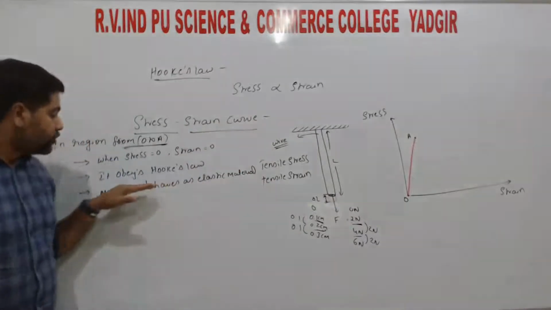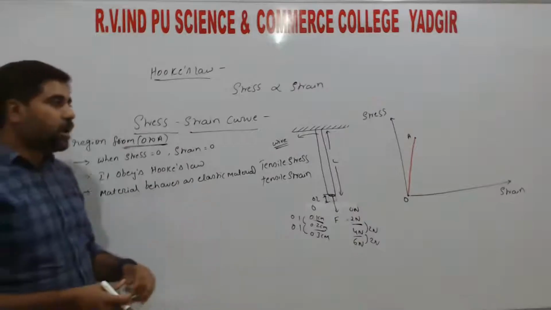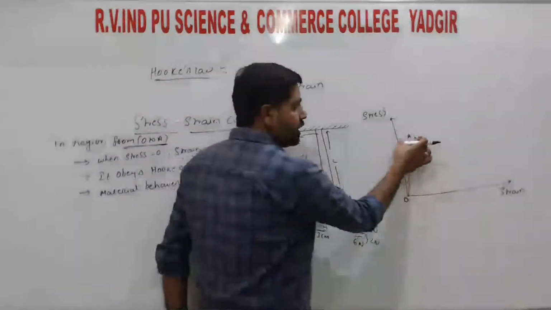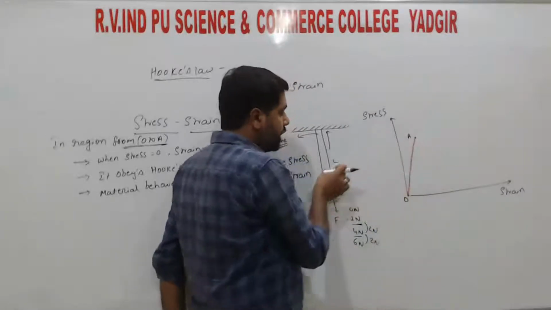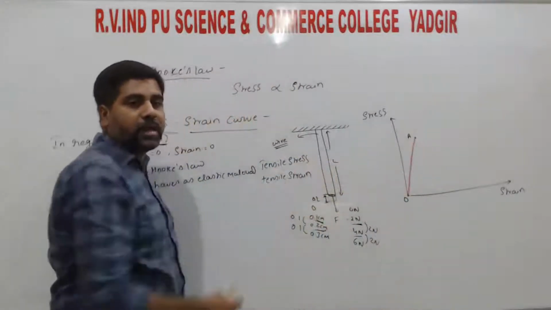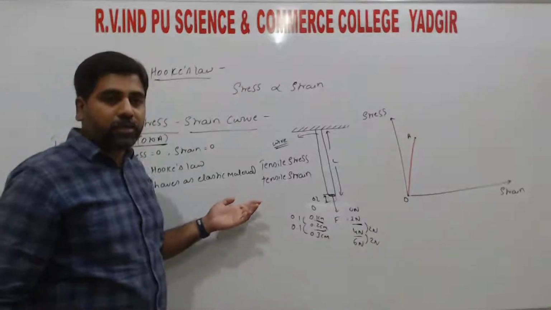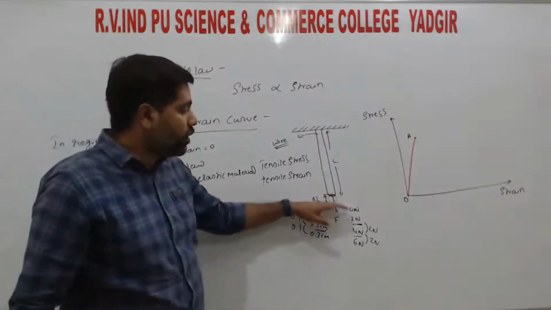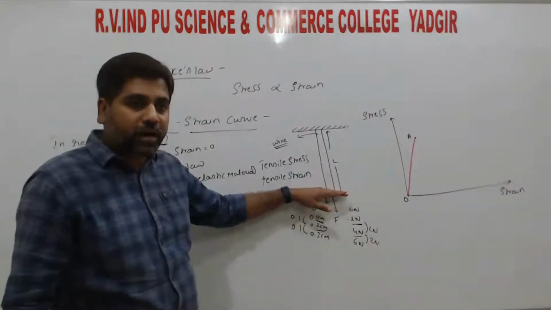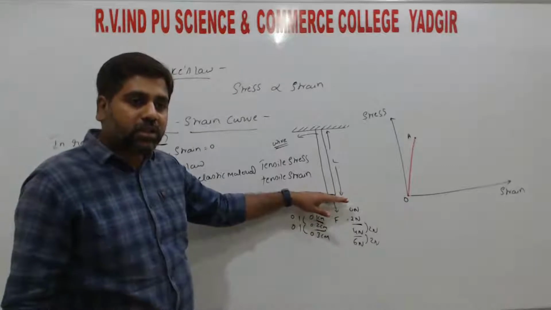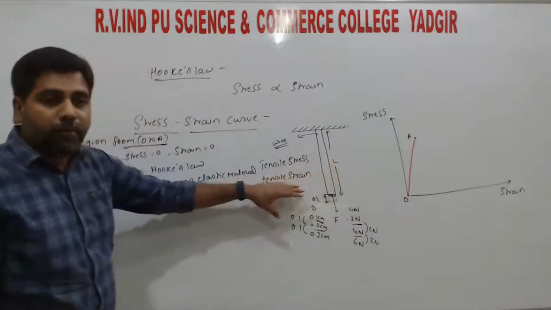So the material behaves as elastic, right? So that means up to this region, if we consider any point in this region, the material, that means this wire, behaves as elastic, right? So the property of elasticity, from the definition, is that when we remove the deforming force it regains its original configuration, right? So when it reaches its original configuration, then those materials are called elastic materials, right?